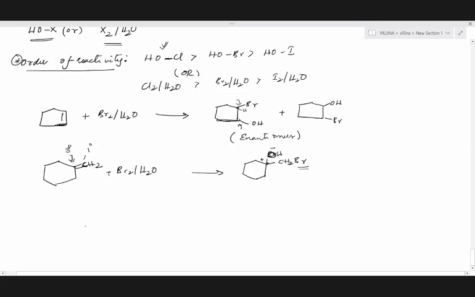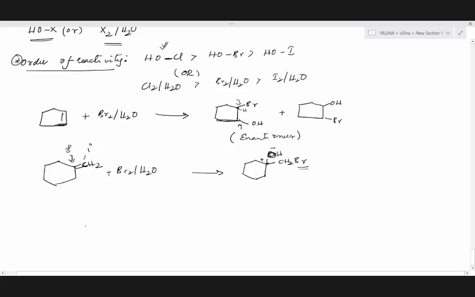So when it comes to cyclic compounds, we have a planar structure, right? So we end up having enantiomers, because this is a tertiary carbon, right? So there will be one more hydrogen. So you have a chiral center over here and you'll have a chiral center over here also. So mostly this reaction of cyclic alkenes with these hypohalous acids will give us enantiomers, because you already have a secondary carbon, right?